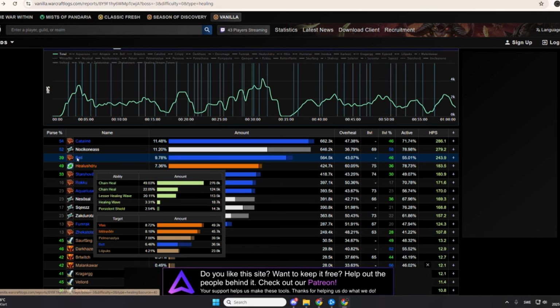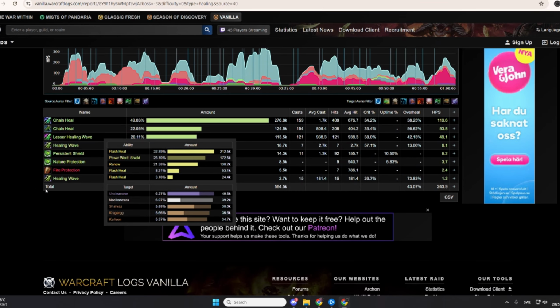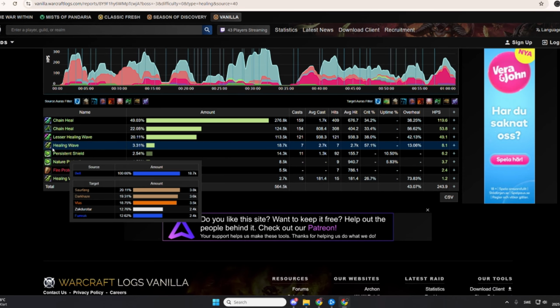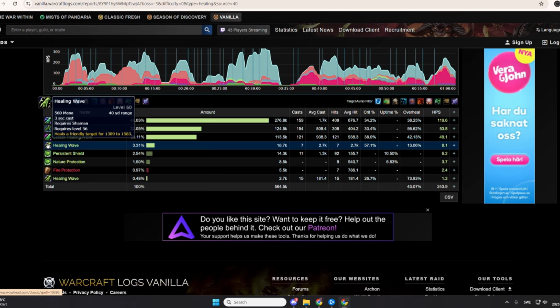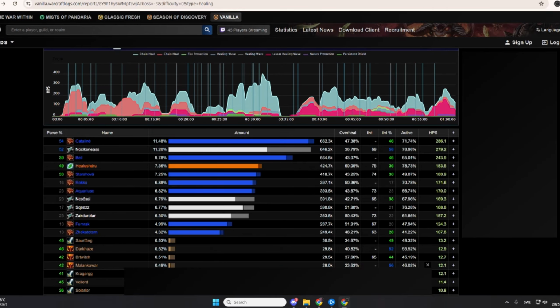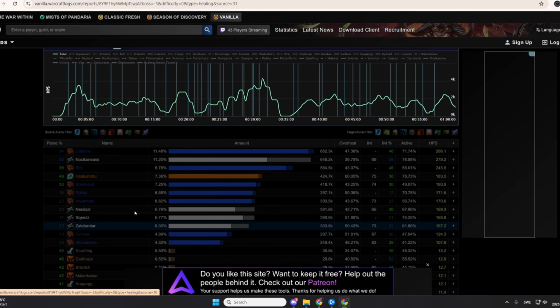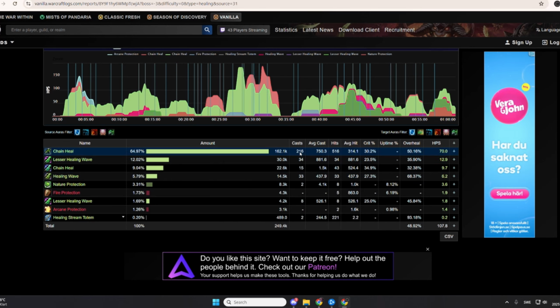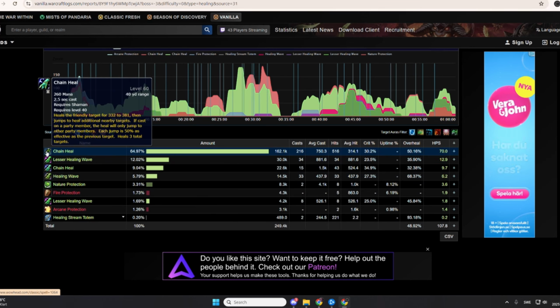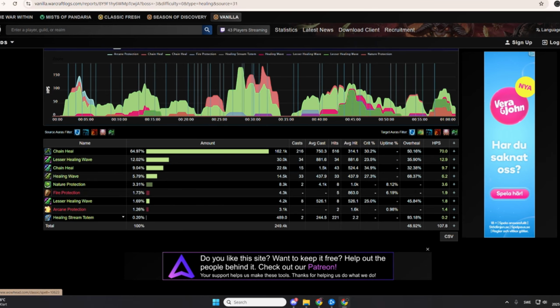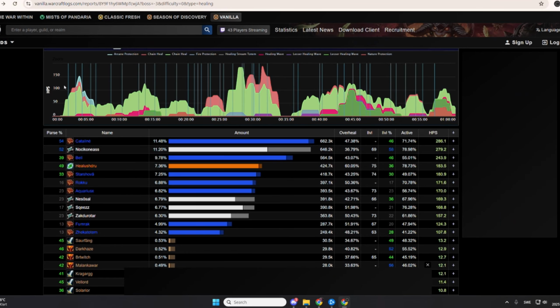You can also cast Nature's Swiftness with a Healing Wave that heals more, like this one heals maximum rank Healing Wave with Nature's Swiftness to top people up. But you may generally look at the numbers. So if you don't have too few casts or too many, or if you always cast first rank and not as much high rank, maybe you should try to improve.